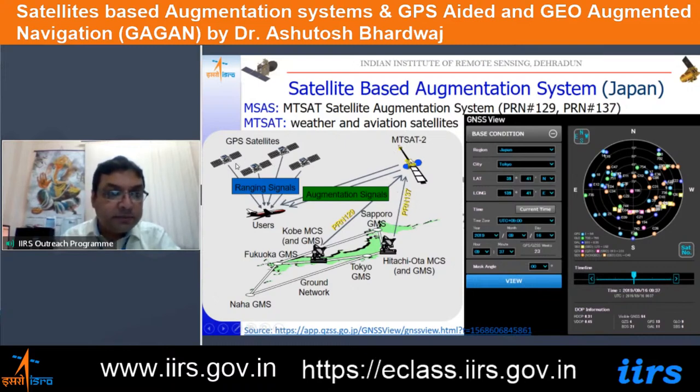These are the GPS satellites from where the users are getting the primary feed for the coordinates, and on the ground they again have reference stations and then the uplink stations. These are able to upload the corrected signals to the MTSat satellite, which further disseminates the signals over Japan and the neighboring region for the purpose of users.